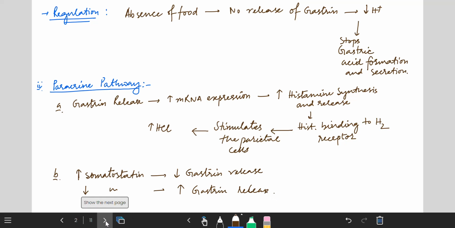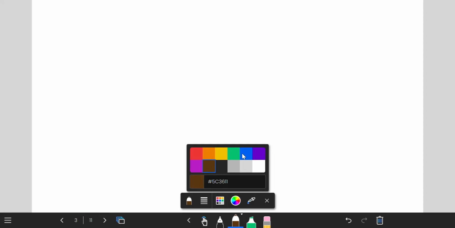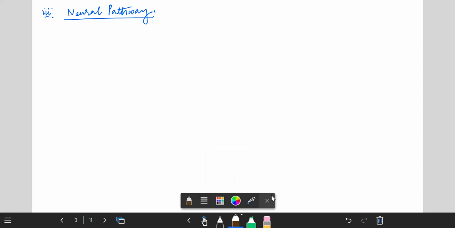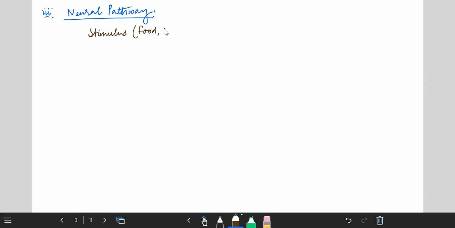Now we will understand the third pathway, that is neural pathway. If there is food, taste, or thoughts, this kind of stimulus will cause the activation of the vagus nerve, or cholinergic nerve.